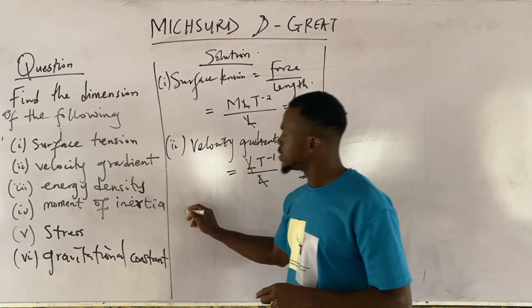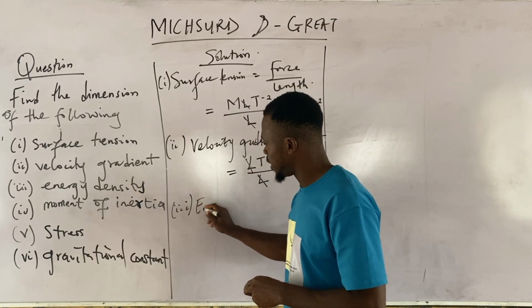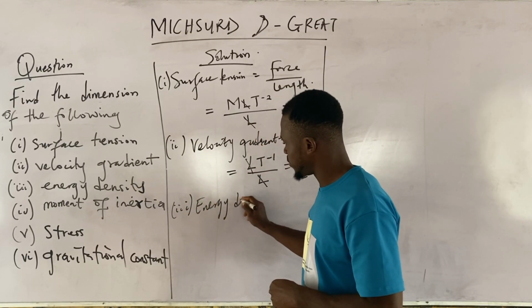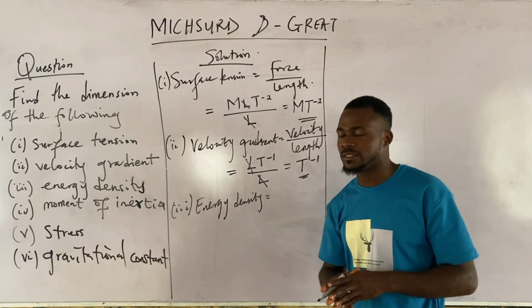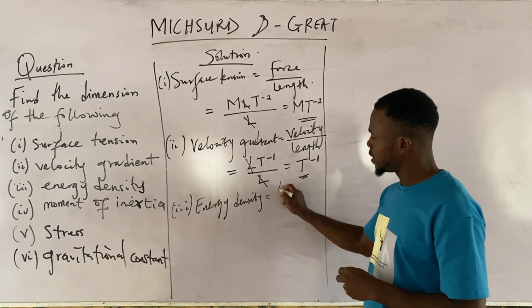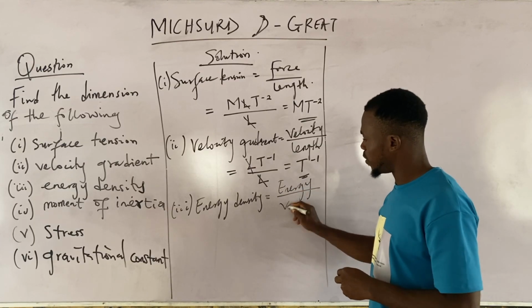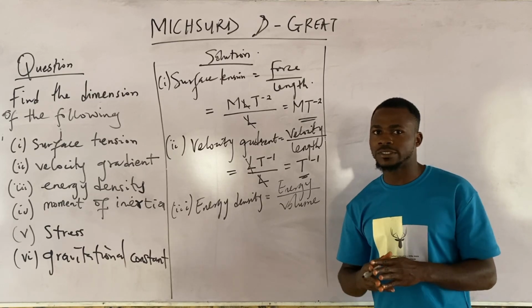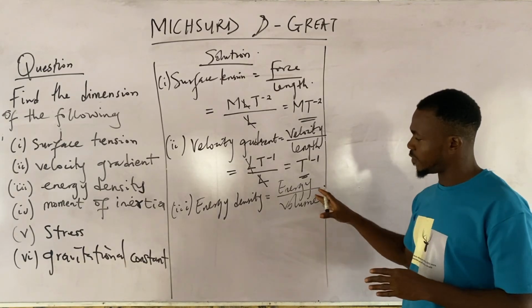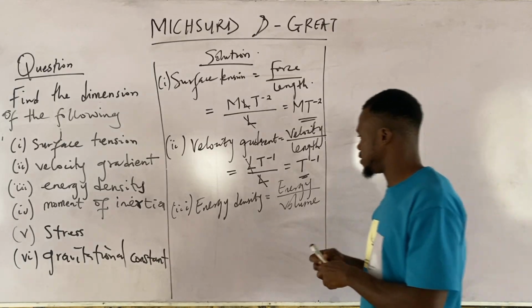Now what is the dimension for energy density? Remember, we're going to write the formula for energy density. It's simply energy over volume. So what is the dimension for energy?